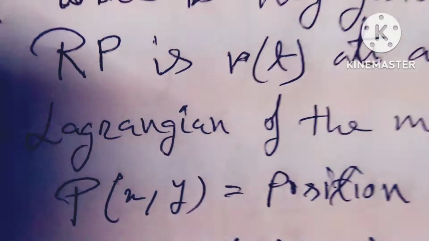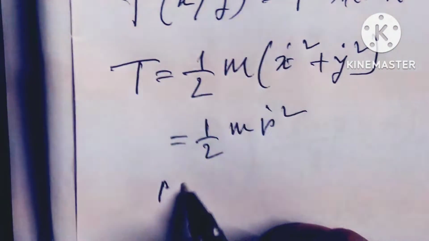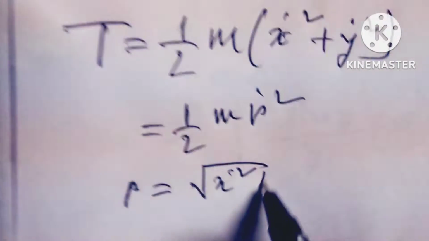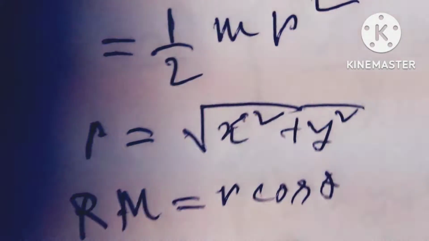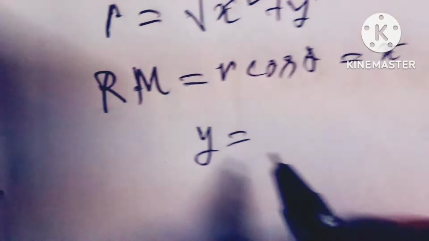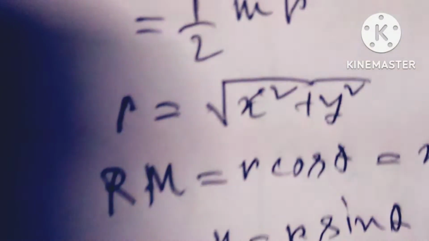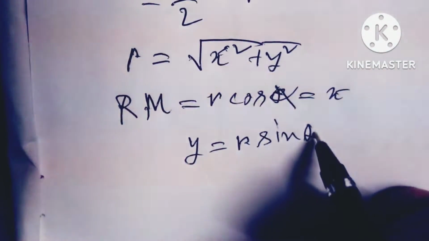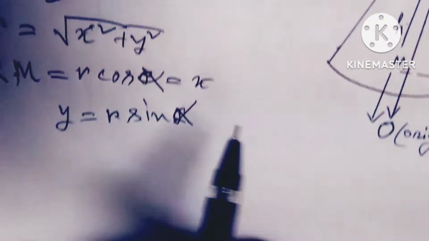It can be written as half m r dot squared, where r equals root of x squared plus y squared. So x equals r cos theta, y equals r sin theta, and sorry, not theta, it is alpha, because the angle is given as alpha. So I write alpha.